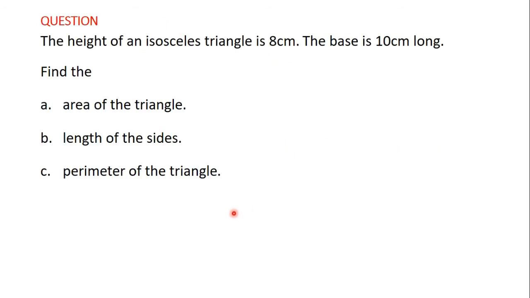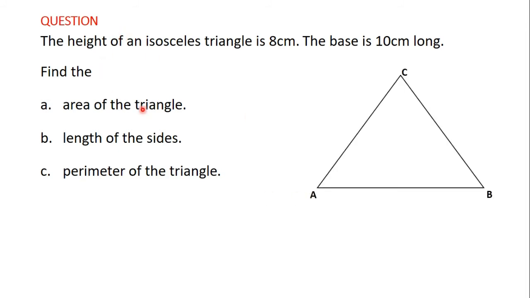Let's pick a question and see how you can apply what you just learned. The height of an isosceles triangle is 8 centimeters and the base is 10 centimeters long. Find A, the area of the triangle, B, the length of the sides, and C, the perimeter of the triangle. So let's say that we are drawing this isosceles triangle.